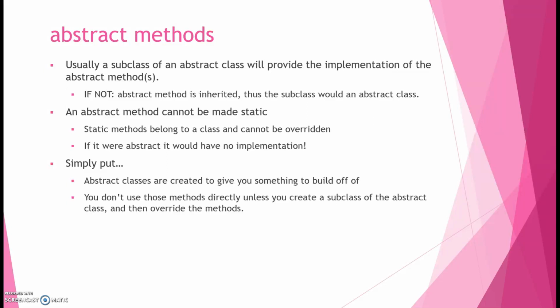And one other last little tidbit, an abstract method cannot be made static. And the reason why is because static methods, by definition, cannot be overridden. However, abstract methods must be overridden. So if it were abstract and it had to be overridden, but it wasn't able to be overridden, do you see where I'm going with this?